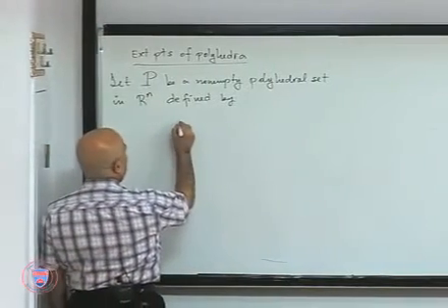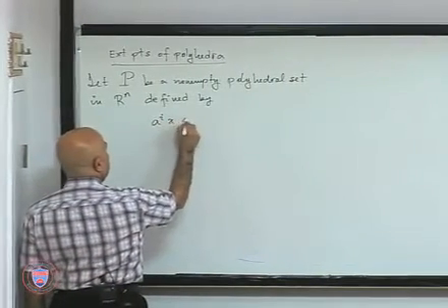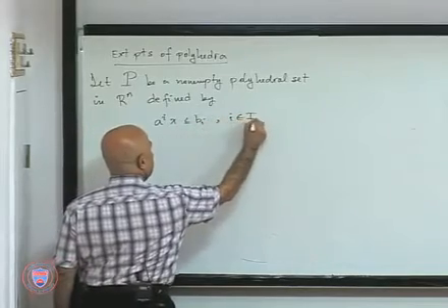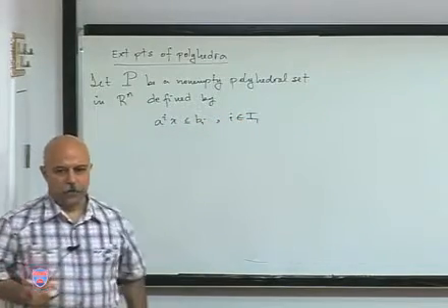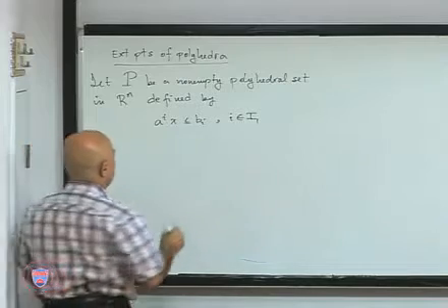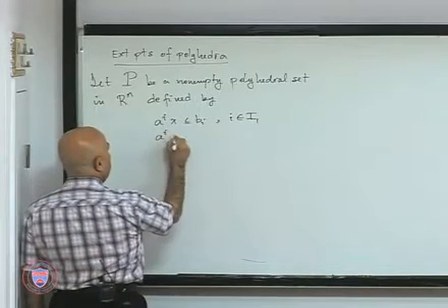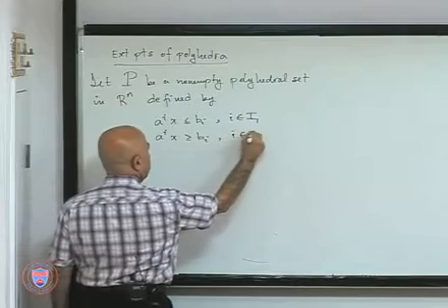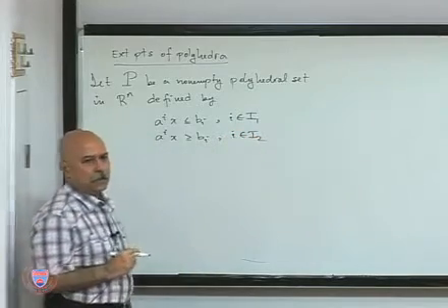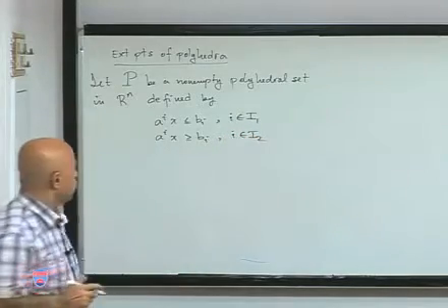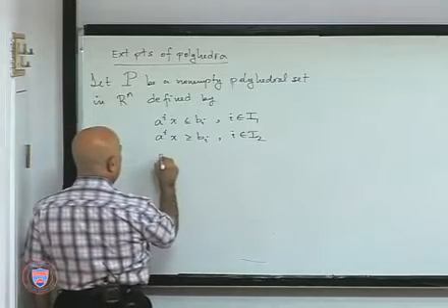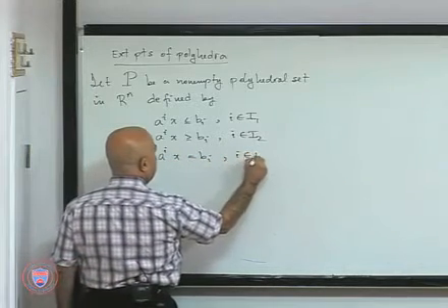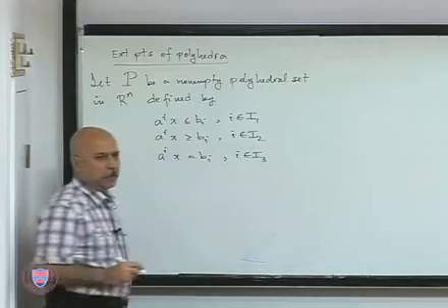So let's assume we have a_i x less than or equal to b_i for i in, say, index set I sub 1. And then we have a_i x greater than or equal to b_i for i in another index set I sub 2. And then finally a_i x equals b_i for i in, say, I sub 3.